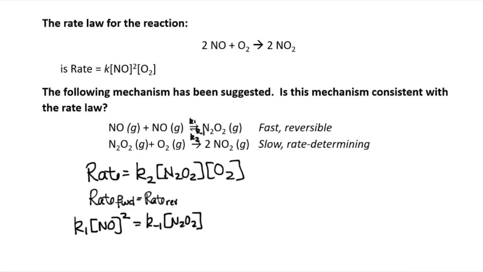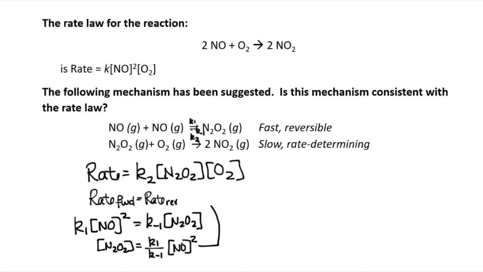Now we have an equation that relates the intermediate concentration to the reactant concentration. So we can rearrange this to solve for N2O2. That will be N2O2 equals K1 divided by K-1 times NO squared. Now we have an expression for N2O2 in terms of the reactants.